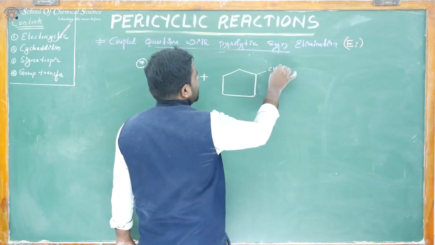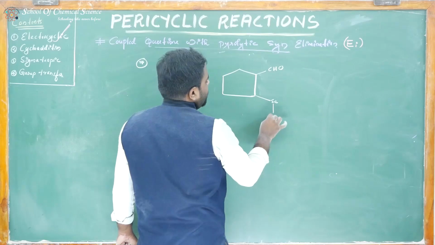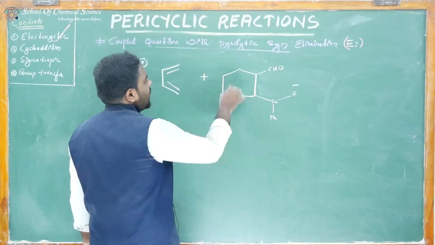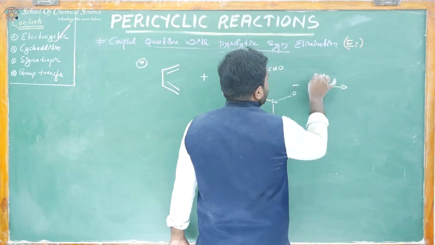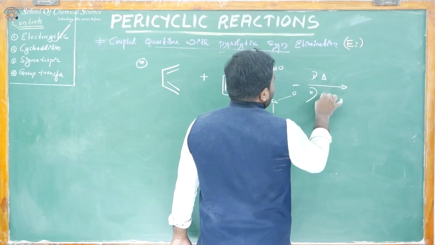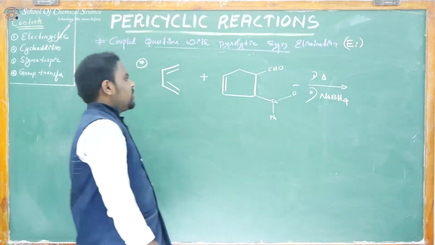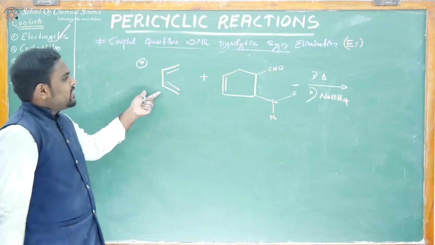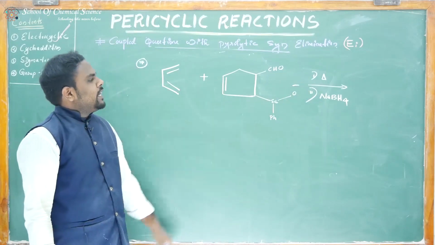Here a CHO is present. Here SC, PH, O minus. Here also a double bond is there. Condition is thermal condition. First condition thermal. Second condition sodium borohydride, NaBH4. What is the product? What is the reaction? Diene there. Thermal condition there. A dienophile is also there.